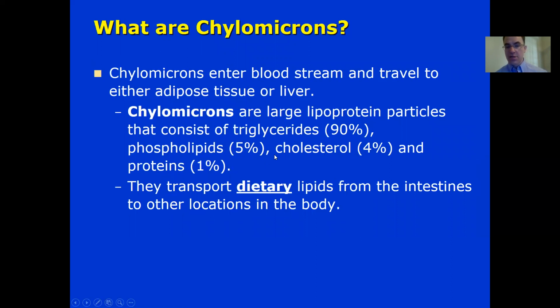So it's about 99% basic lipids. The key though is that they transport dietary lipids in the form of triglycerides from the small intestines to other locations in the body. That's the key, being dietary lipids.